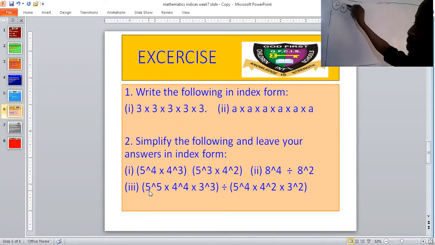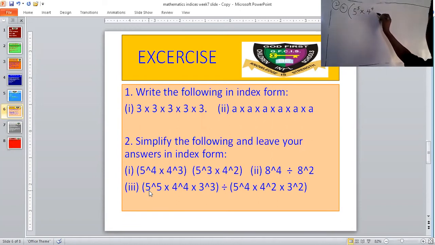Example 3, the question says 5 raised to power 5 times 4 raised to power 4 times 3 raised to power 3 divided by 5 raised to power 4 times 4 raised to power 2 times 3 raised to power 2. So let's see how this is done.